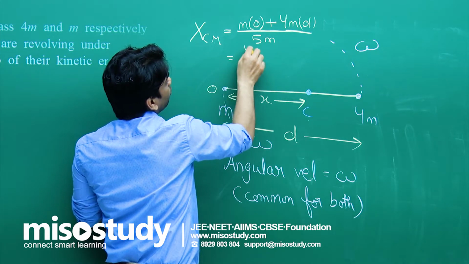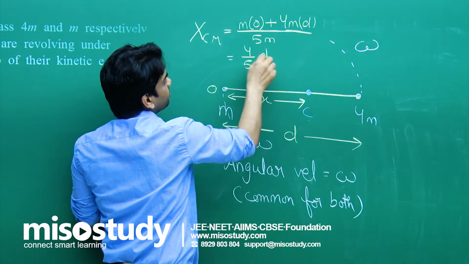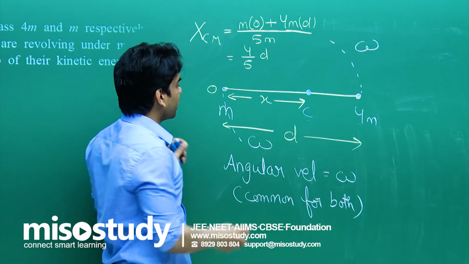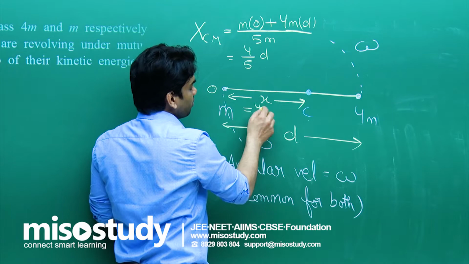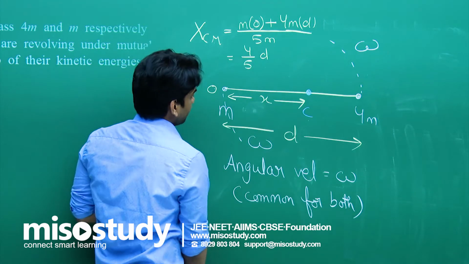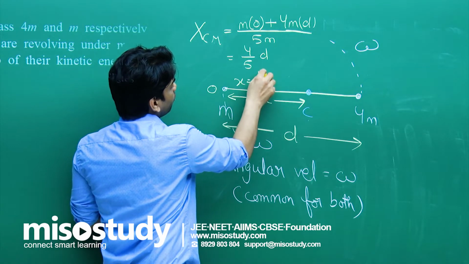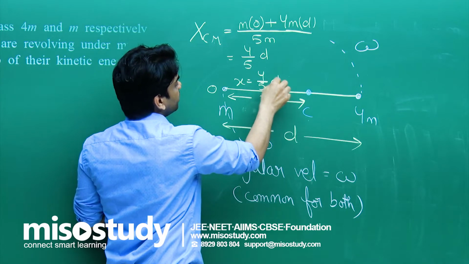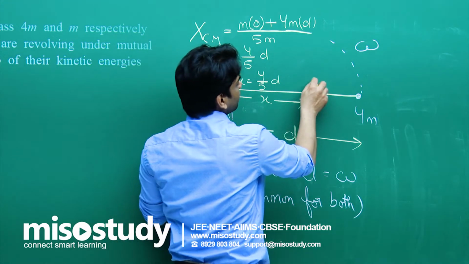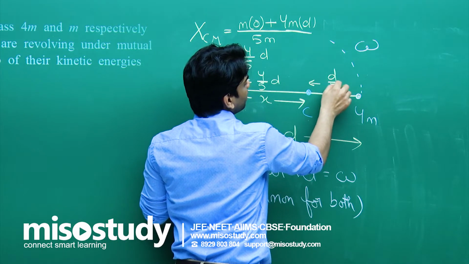So this comes out to be 4 by 5 d, quite obvious. That means this distance will be equal to 4 by 5 d. So I am just marking that this separation that we have just evaluated has turned out to be 4 by 5 d. Quite obvious, this separation will be d by 5. Easily we can say that this separation will be d by 5.